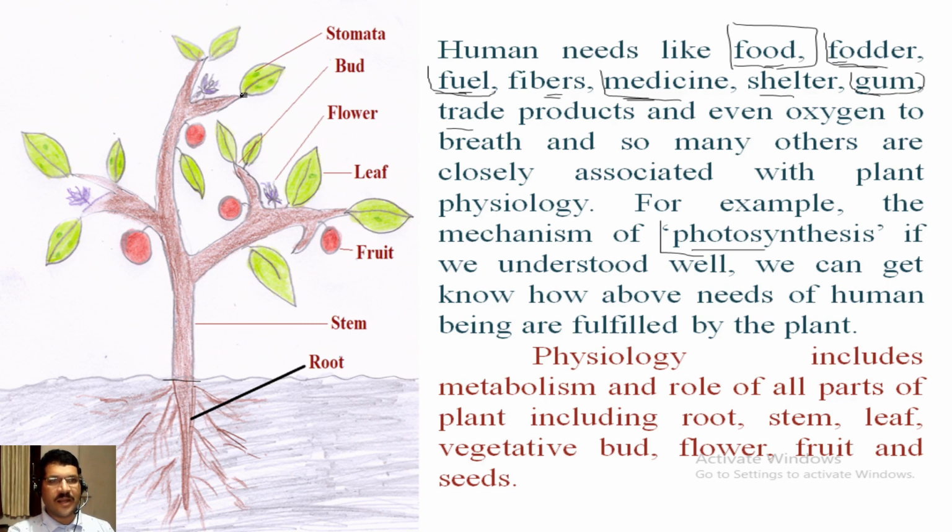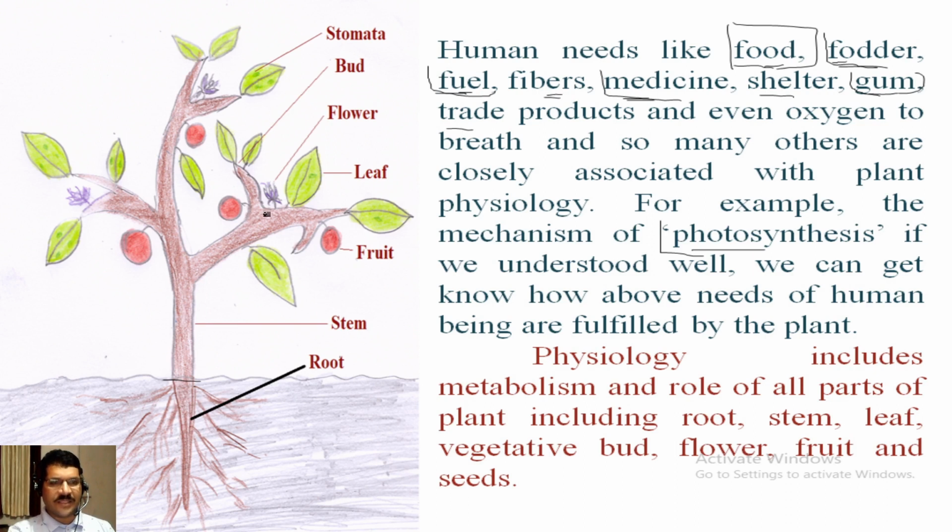This food is stored in leaves, and also supplied as per the requirement to the different parts of the plant. So this is an important function of the leaf, and they are very actively involved in the process of photosynthesis.